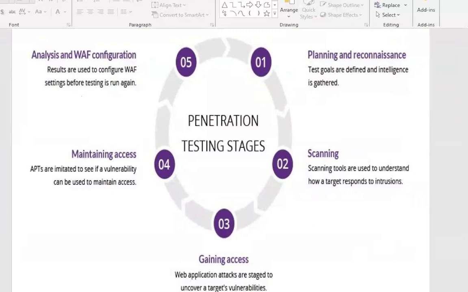What is reconnaissance? Reconnaissance is the analysis of a system, monitoring of a system, proper requirement analysis, proper working mechanism.